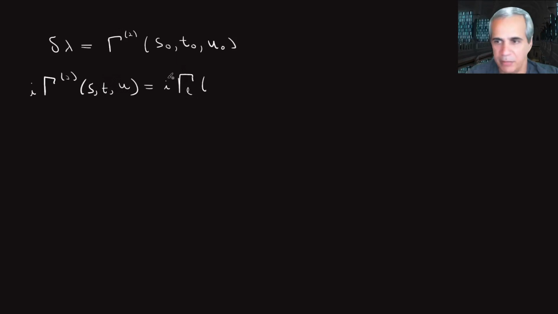Gamma L. But this guy is given by gamma L of s plus gamma L of t plus gamma L of u, right? And also we managed to separate within each of these gammas the finite part from the divergent part.